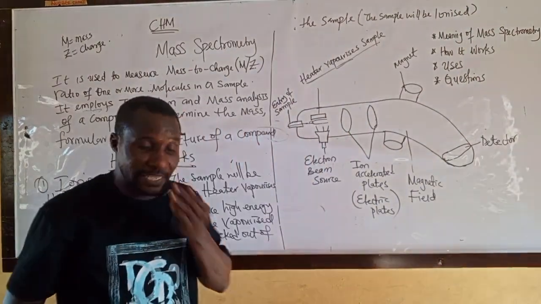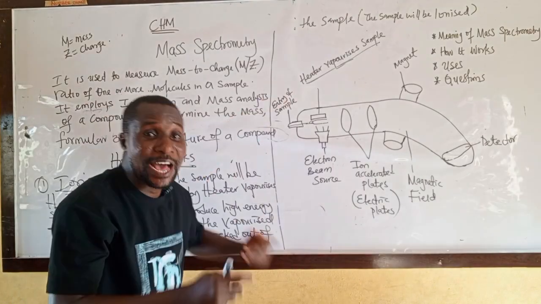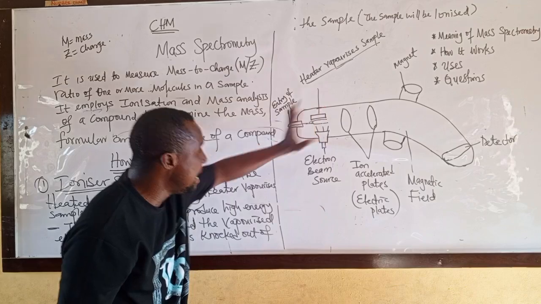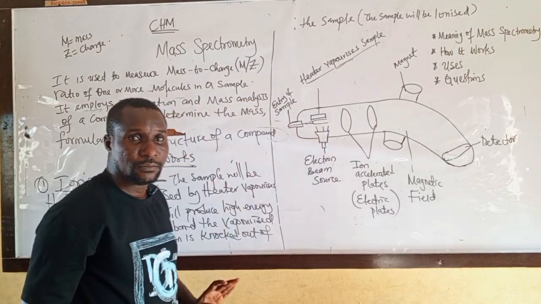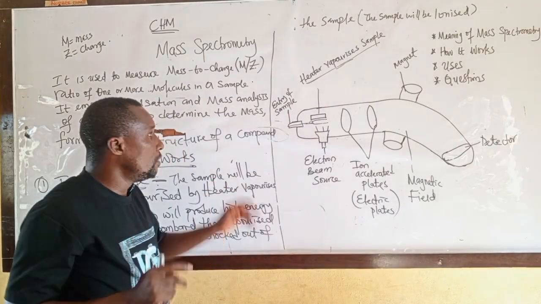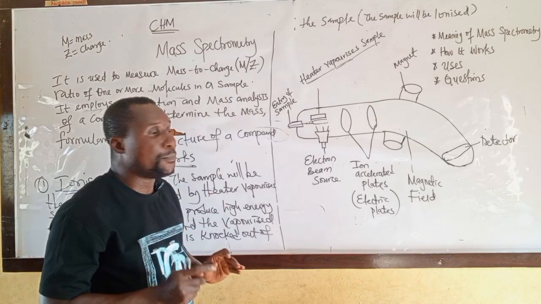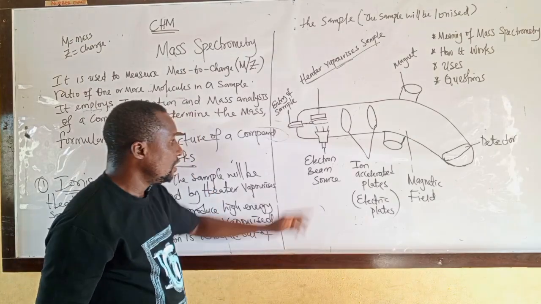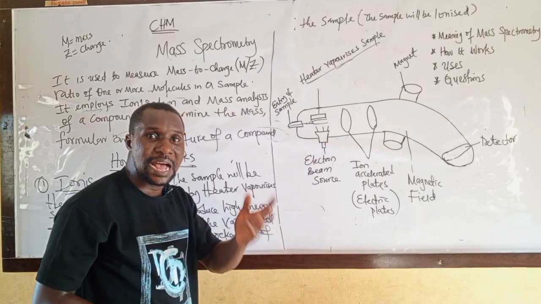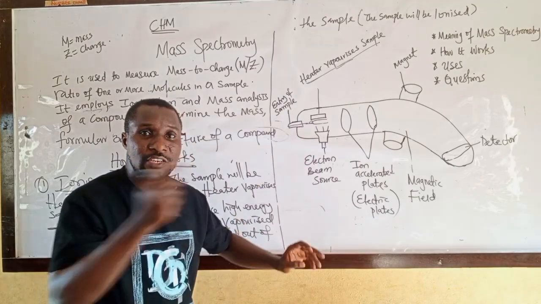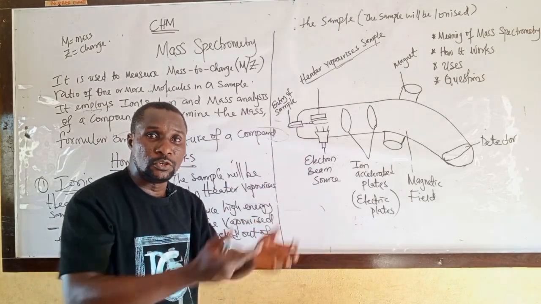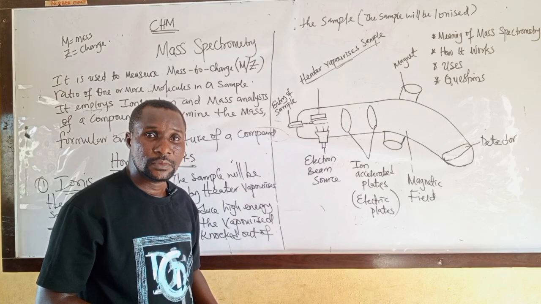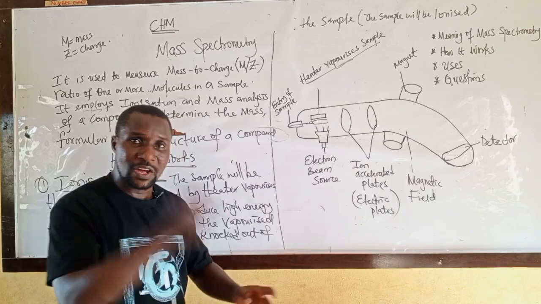That's what will happen in the first stage, the ionizer stage. The ether vaporizes the sample. Then the electron beam will produce high energy electrons to knock electrons out of the sample so that it will produce ions.